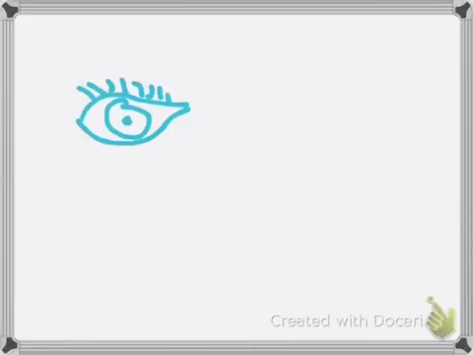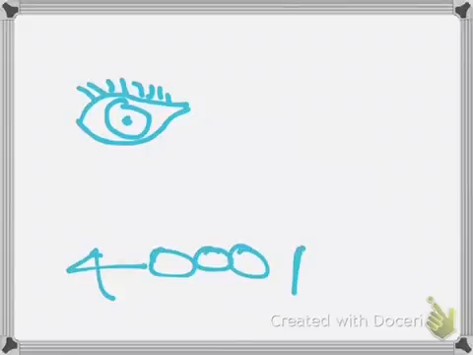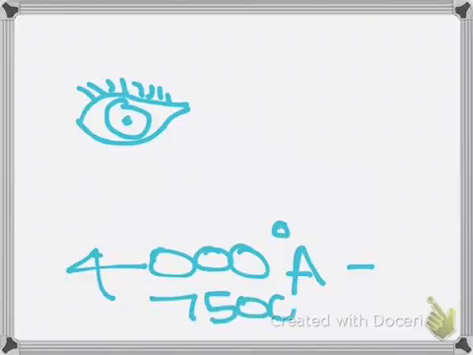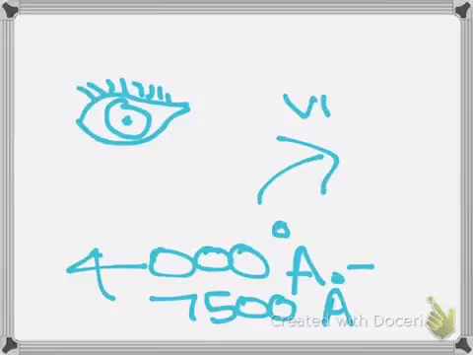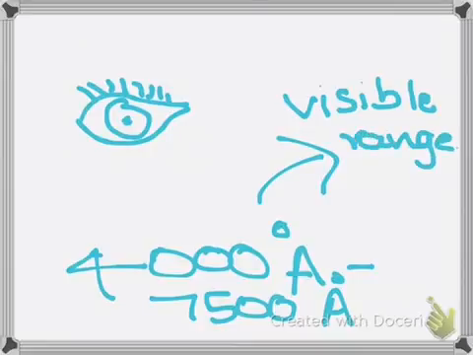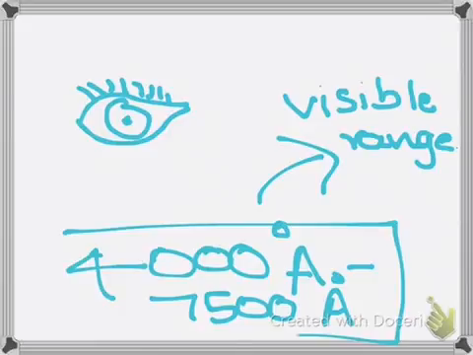It is an electromagnetic radiation with a wavelength of 4,000 Angstrom to 7,500 Angstrom, which is termed the visible range. We don't see anything which has a wavelength below 4,000 Angstrom or greater than 7,500 Angstrom.